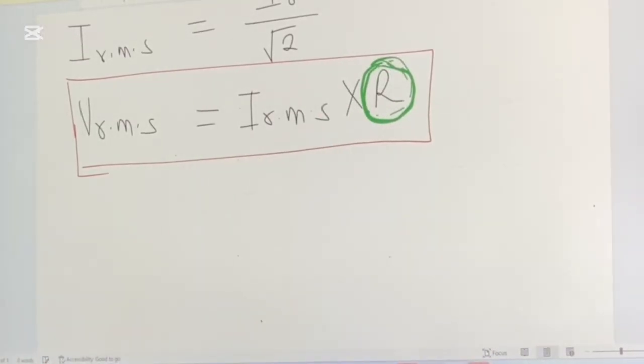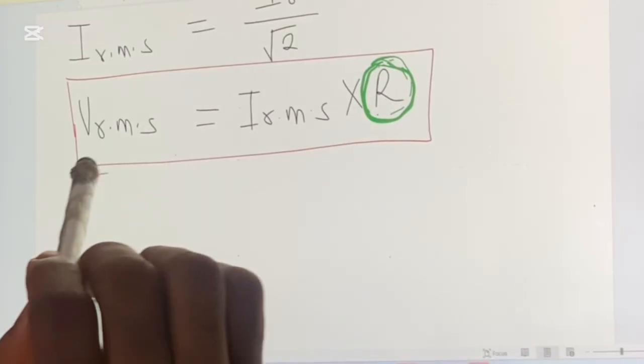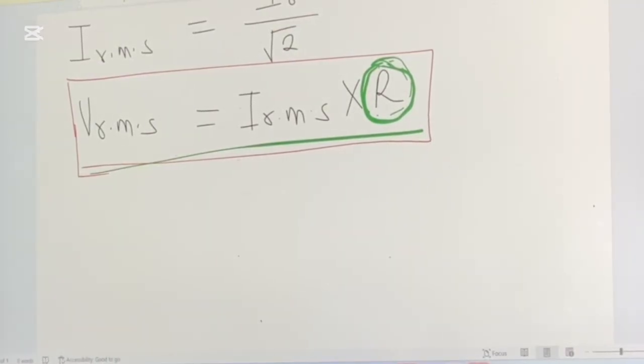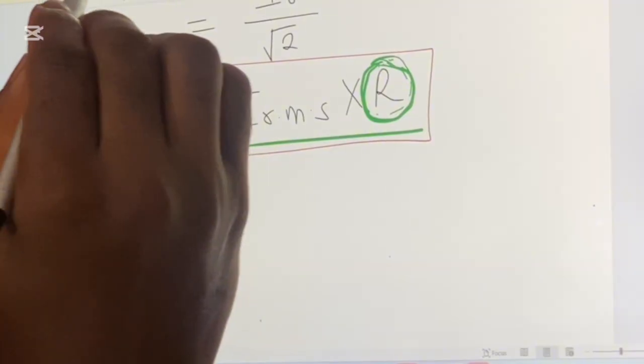Please take note. Whenever only resistance is given to you in the AC circuit, you use this particular formula. But if capacitance is given, or inductance is given, or both of them are given with resistance, you use impedance. What is impedance?